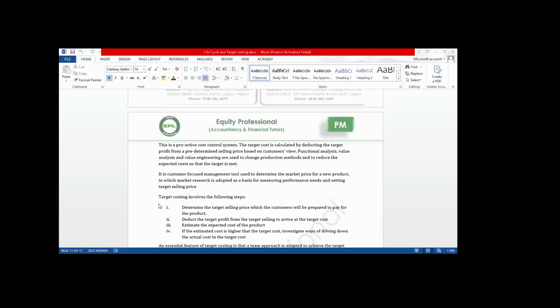The cost gap can be closed by carrying out value analysis. You can close your cost gap by carrying out value analysis. What is value analysis?